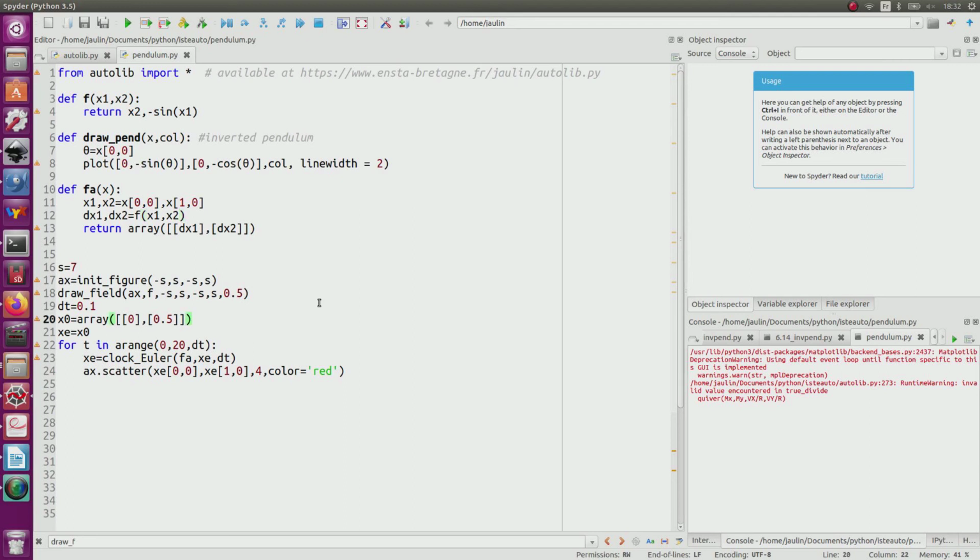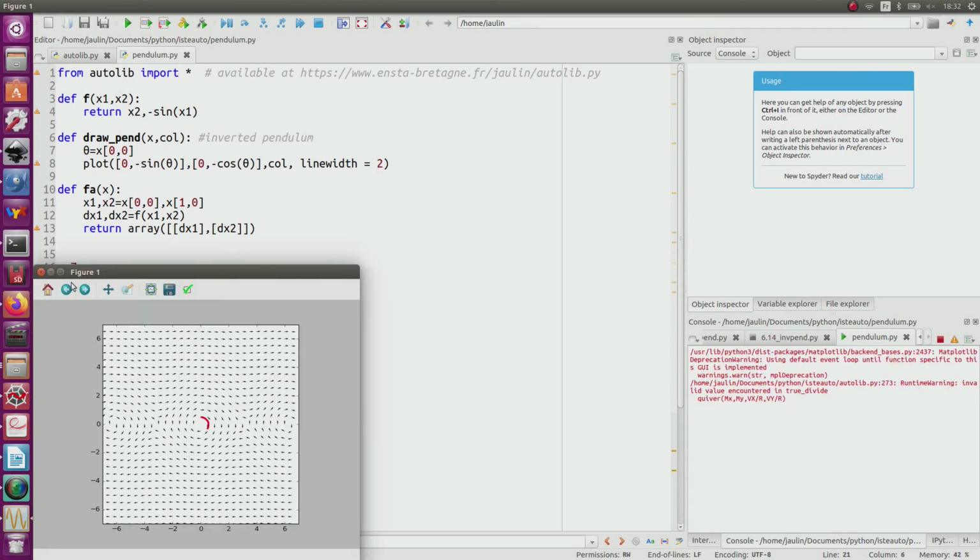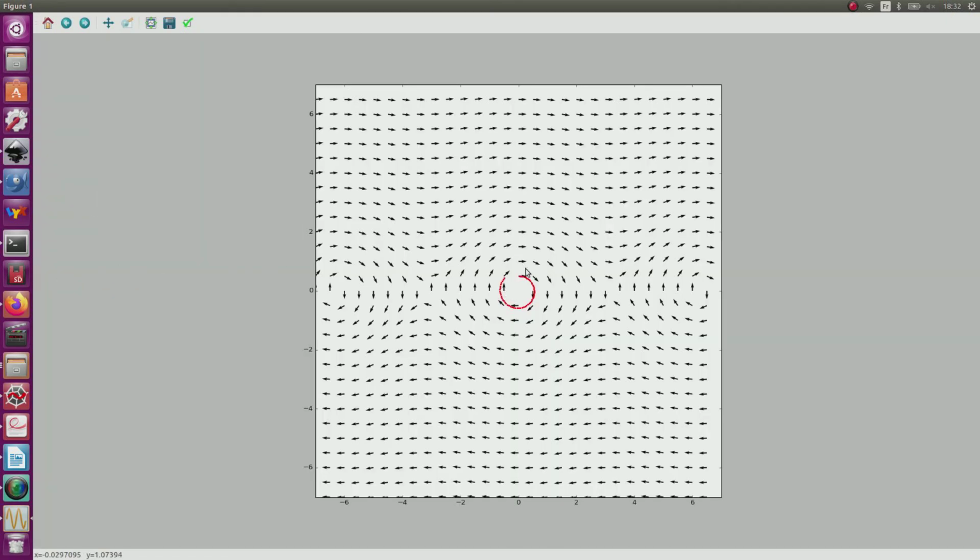This is my program. I will run it for longer, and if I run this program, I will see that indeed I follow the rows, but the amplitude becomes larger and larger, which is not consistent with reality.